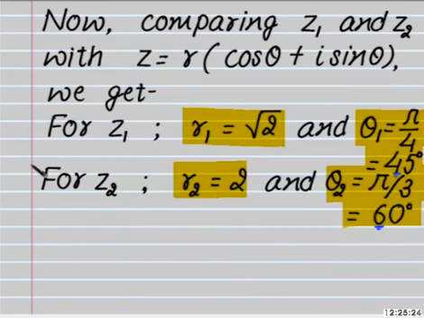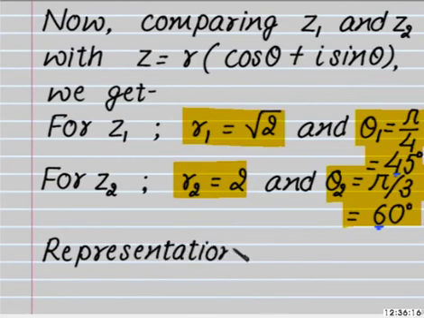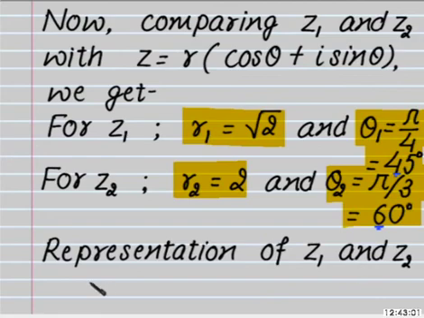Now representation of these complex numbers, that is Z1 and Z2, in the Argand plane.